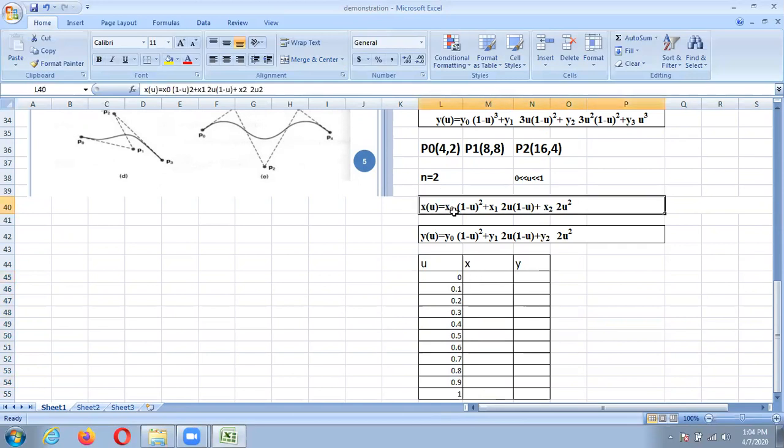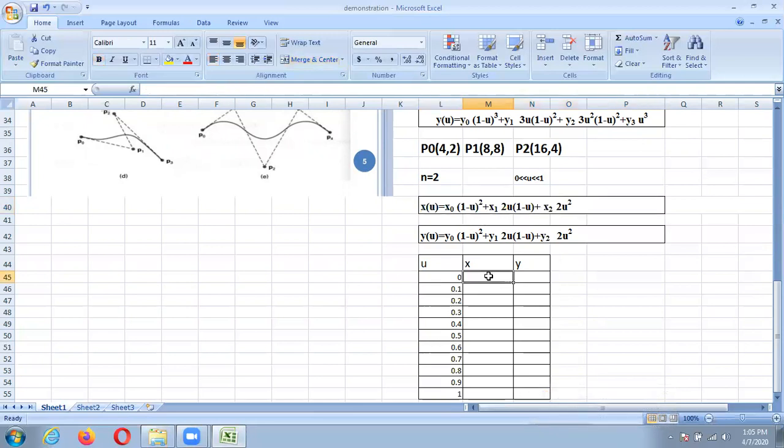So for this equation, after putting the values of x0, x1, x2 and putting the value of u as 0, suppose x0 is 4, so 4 into 1 raised to 2, that is 1, so we get 4 plus, here you are multiplying by u, so it becomes 0, and here also you are multiplying by u and u is 0, so it becomes 0.